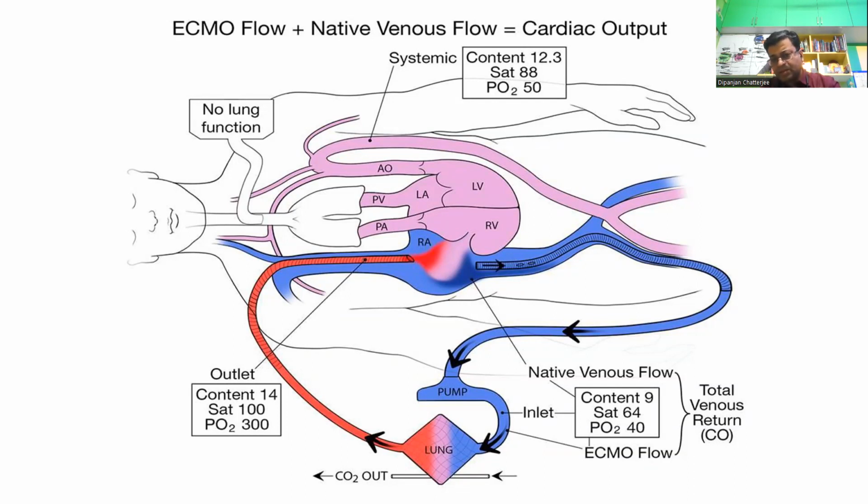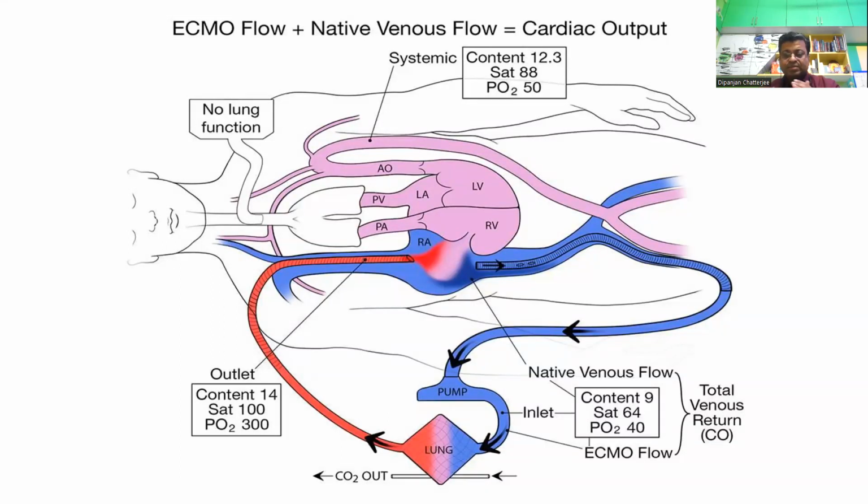But it is mixing with the venous return which has not passed through the ECMO membrane. That is 7 minus 4, the 3 liters of venous return coming to the right atrium, which is not passing to the ECMO. And it is mixing with 4 liters of ECMO flow, that is 4 liters of oxygenated blood mixes with the 3 liters of deoxygenated blood.